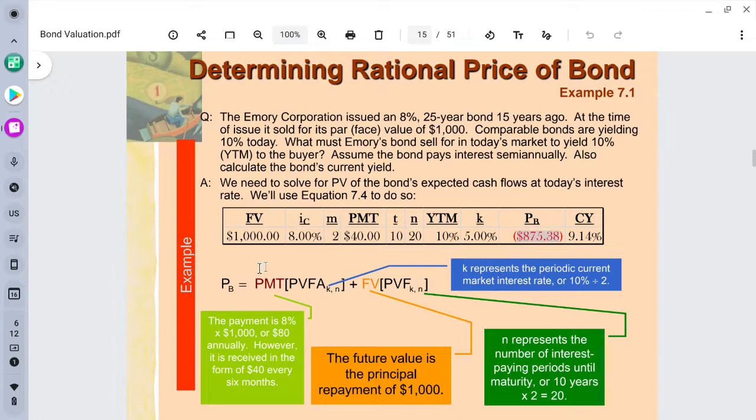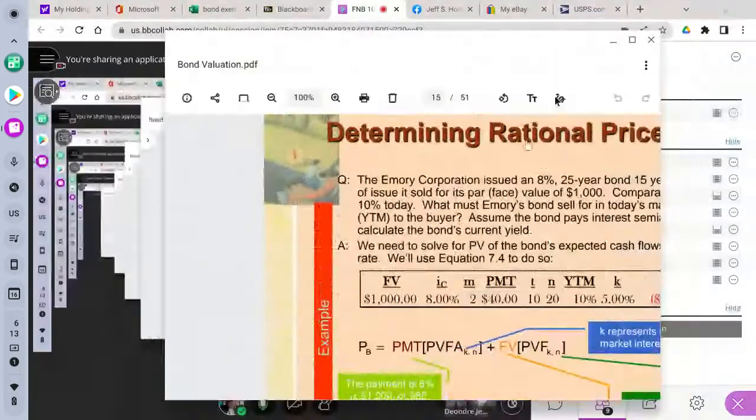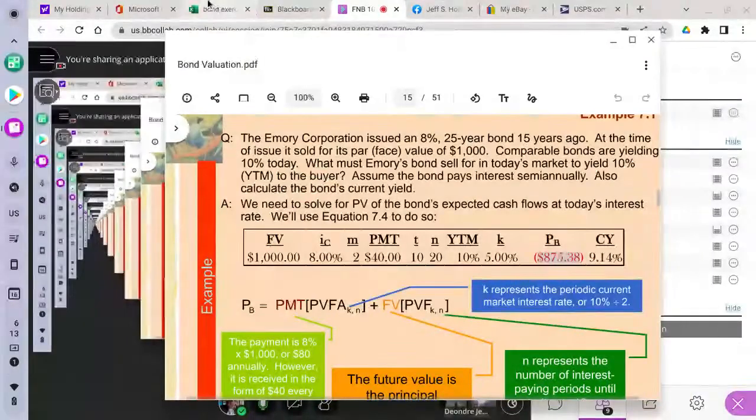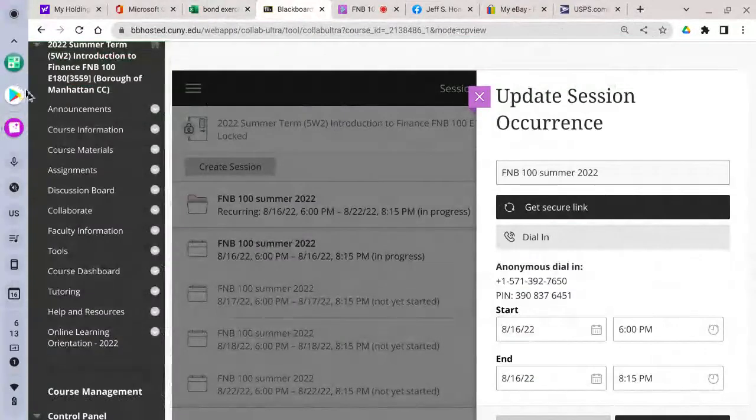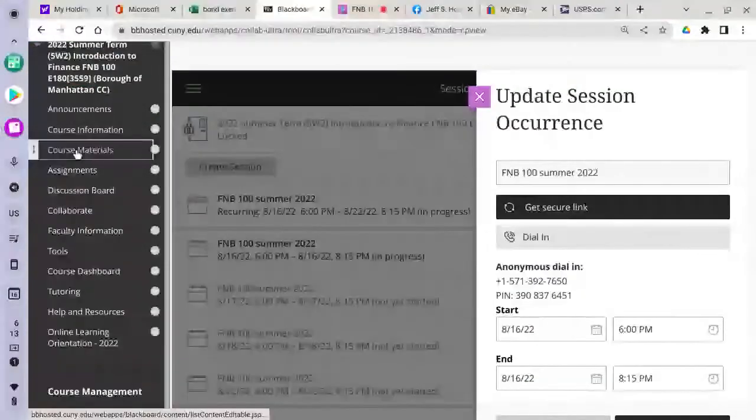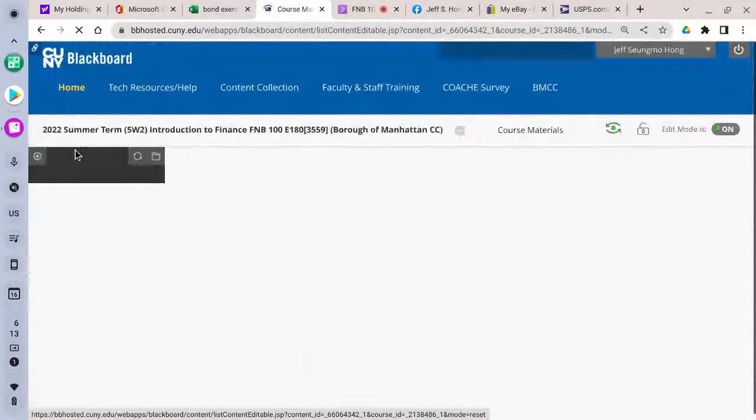To buy this bond, that will give you $1,000 cash inflow 10 years later, and $40 cash inflow every 6 months for the next 10 years, this has to be paid out. So it's cash outflow. But let's do this example using Excel. So if you open the Excel file in the bond folder, right?